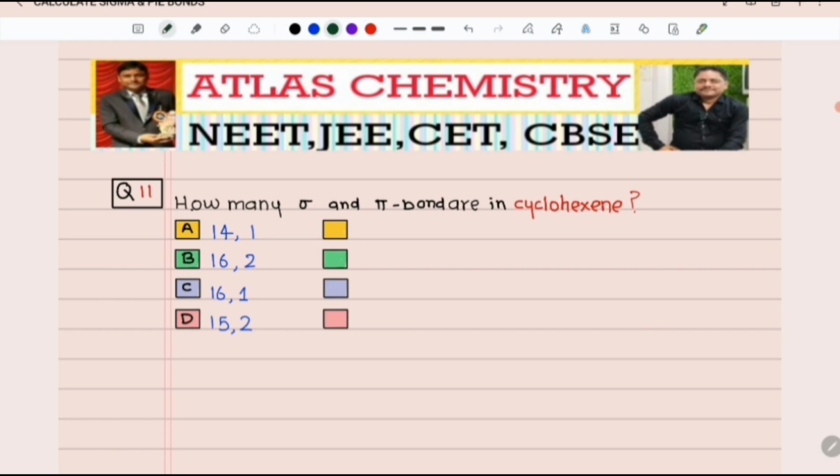First of all we have to see the structure of cyclohexene. It looks like this, and each carbon atom has two hydrogen atoms like this, and one double bond is there. So if we see the total number of sigma bonds and pi bonds, we can find it.